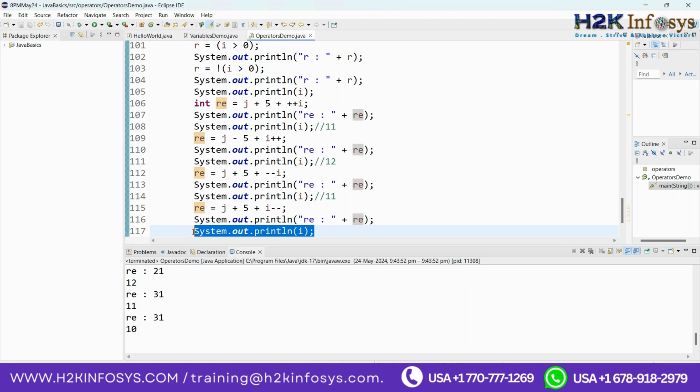Especially in a few interviews, you might see, guys, whenever they give code snippets, these kinds of things will be there. Be careful while observing. It might be an increment or decrement operator, whether post or pre.